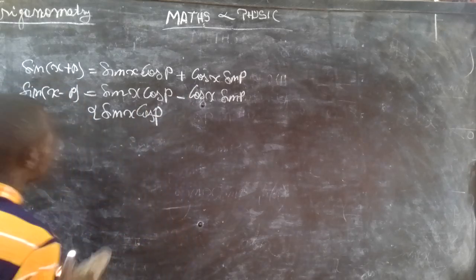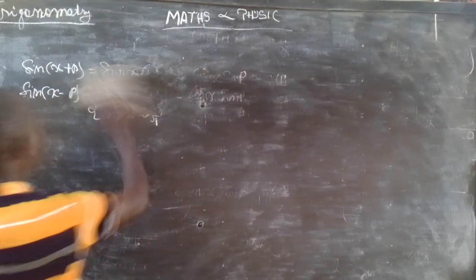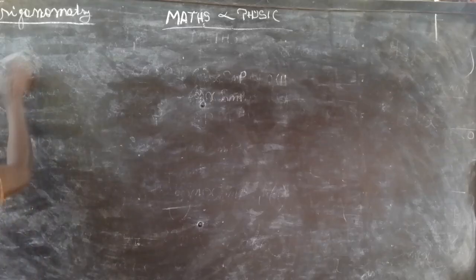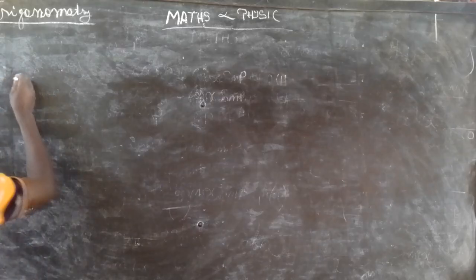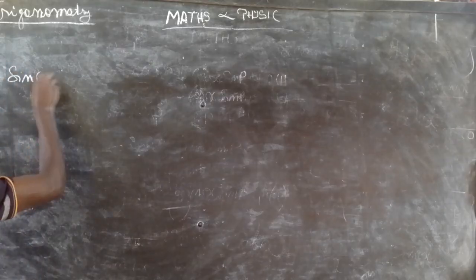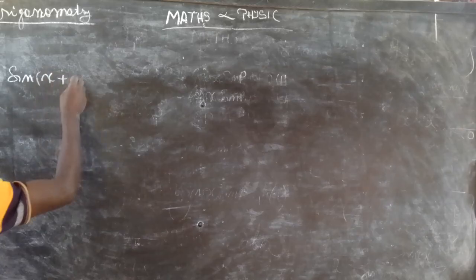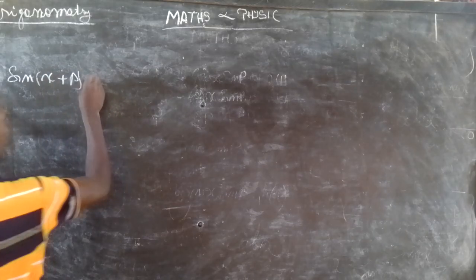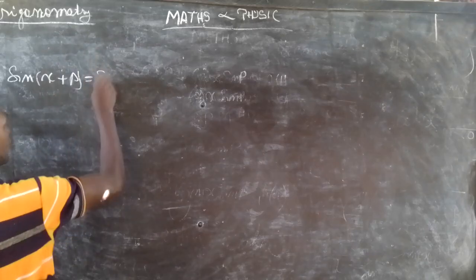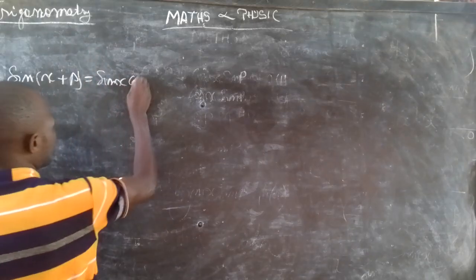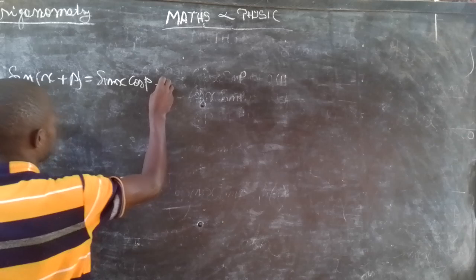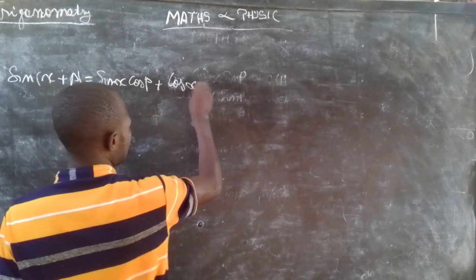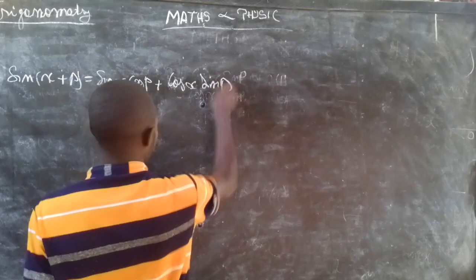So let's go by subtraction. Here we have sine of x plus p, which will be equal to sine x cosine p positive cosine x sine p.